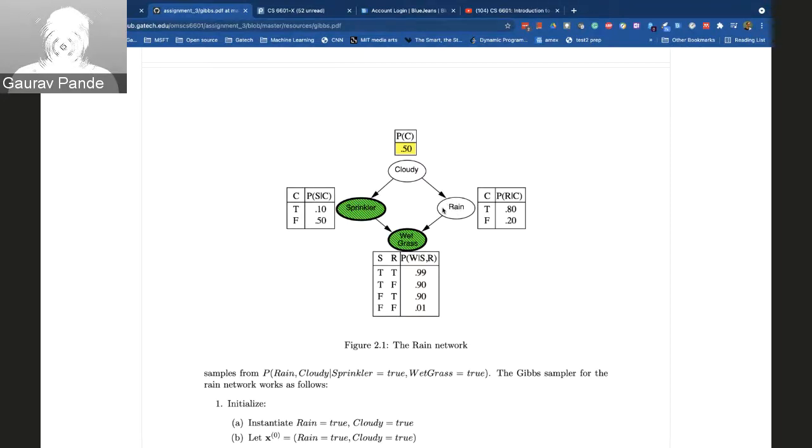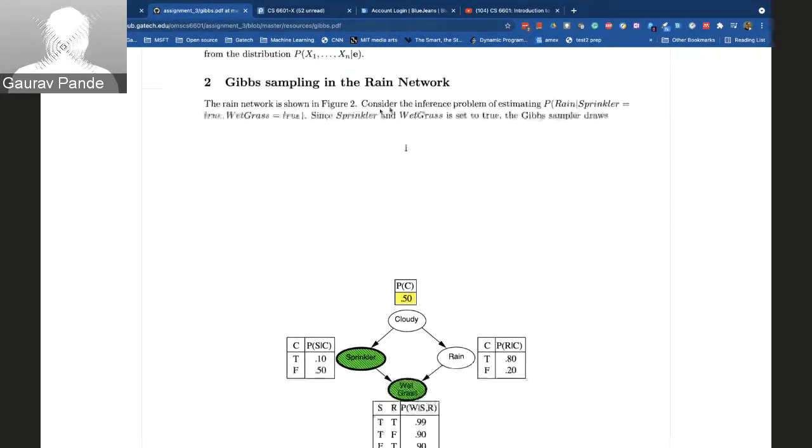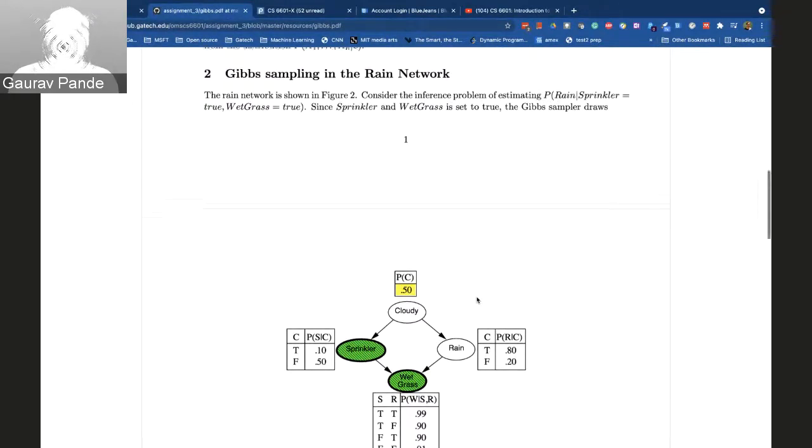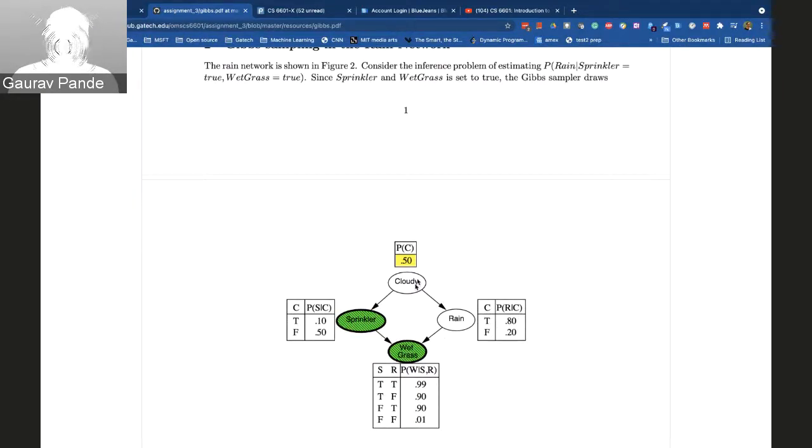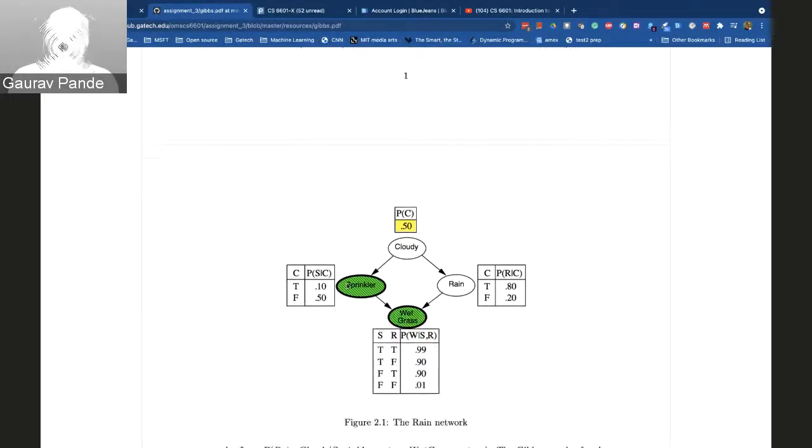And if rain has happened, whether the grass will be wet, or if the sprinkler was on, the grass is wet. So for the sake of this inference problem, you want to estimate the probability that the rain has occurred given the sprinkler and wet grass are true. These two green nodes here are the evidence variables which are given to you. You are not given whether the weather was cloudy or not. And now you have to infer from this information the probability that it is going to rain.